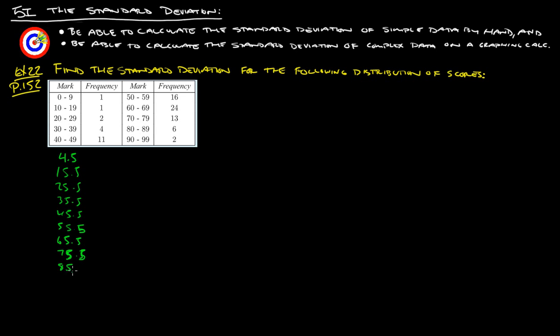Sorry, I'm getting a little ahead of myself. Okay. So we have all those, and then we're going to put our frequency next to it. 1, 1, 2, 4, 11, 16, 24, 13, 6, and 2. And I'm just getting all that data from right here.